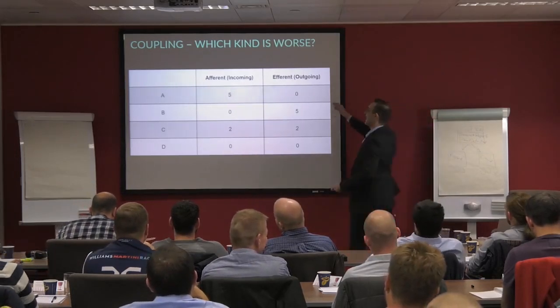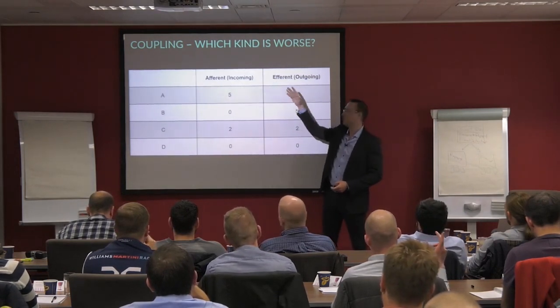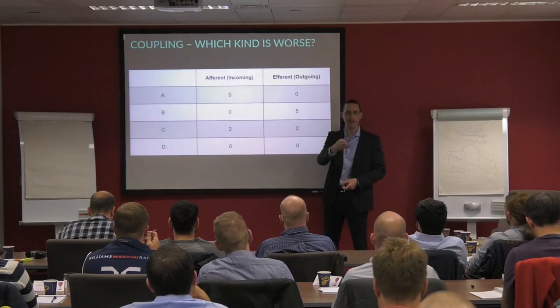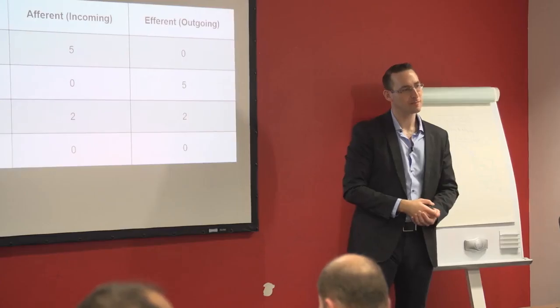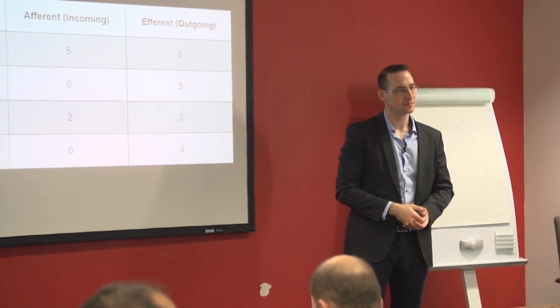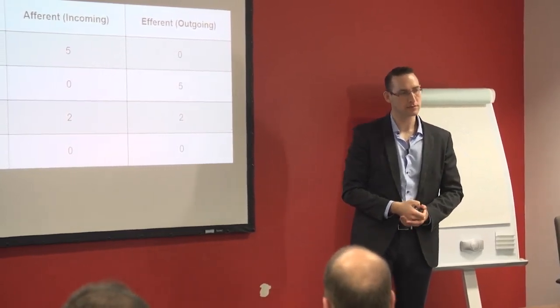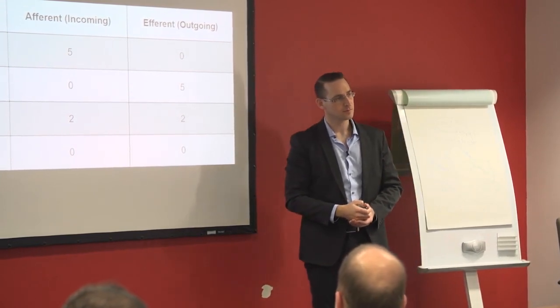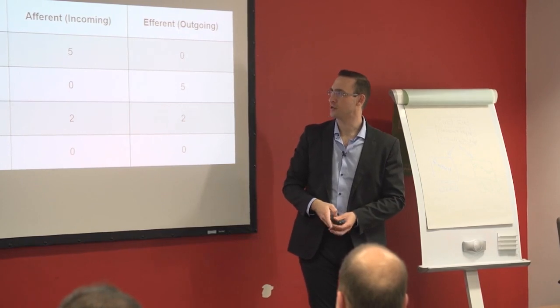So for those of you who said A, somebody raised their hand for A? All right, why A? What did you like about A? High fan in, low fan out. So typically a class itself should not have a lot of outgoing dependencies. Okay. But it's okay for it to be depended upon.